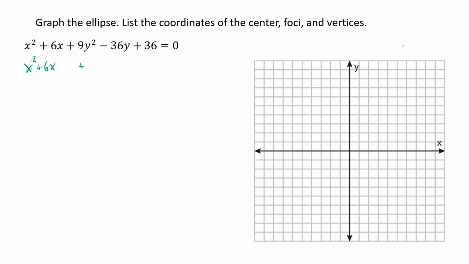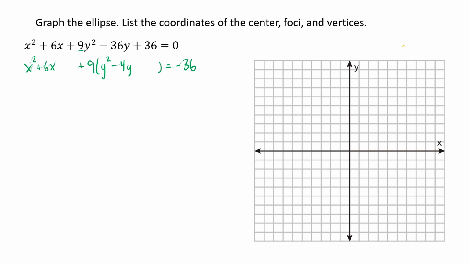From the y terms, we're going to factor out a 9, because in order to complete the square, this coefficient needs to be 1. So we pull the 9 out, and we're left with y squared minus 4y, leave a little bit of space, and that equals negative 36. So I moved the 36 over right there.